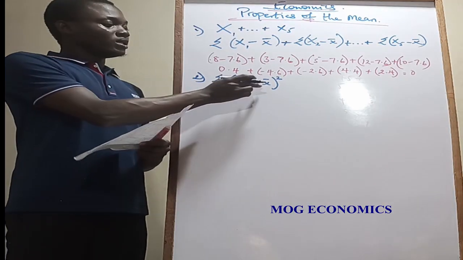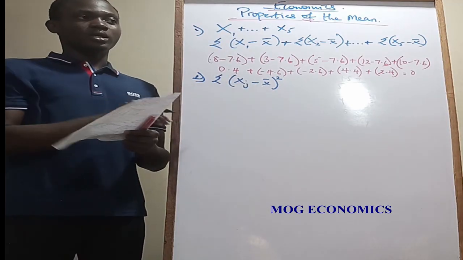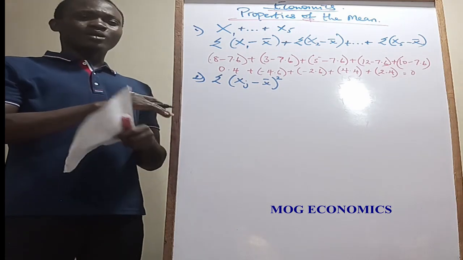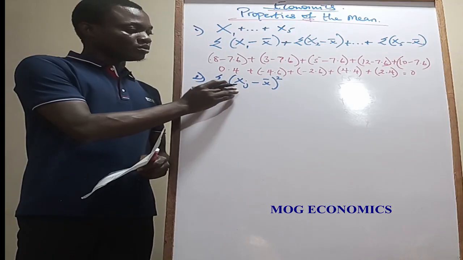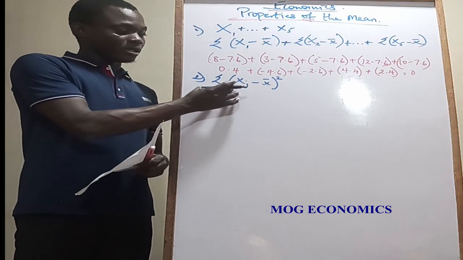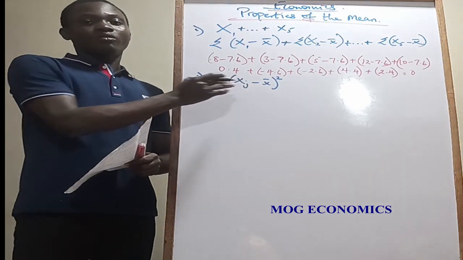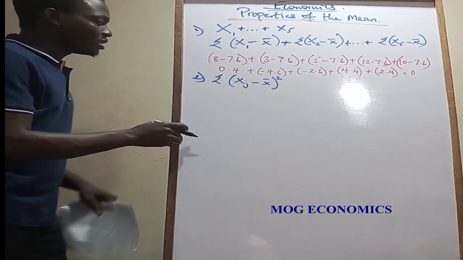If you use a different value here, you are going to get a sum of squares of the deviation that is greater than what you have gotten. So you are going to have the minimum sum of squares when you square your deviations using the mean of that particular data set. So what do I mean? Let's give an example.